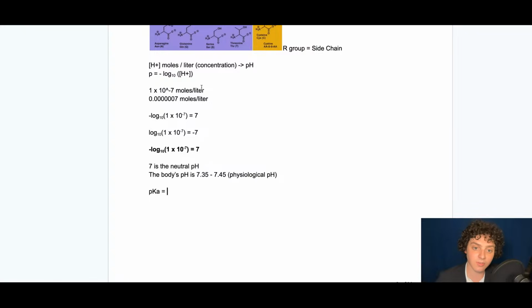And just like we do with the hydrogen concentration, rather than express those rate constants as big unwieldy numbers, we use the negative logarithm of the Ka, or the rate constant of the dissociation of the acidic or basic chemical species into its constituent hydrogen and acid or base, and then water without hydrogen. We use the P, the negative log. So it's pKa.